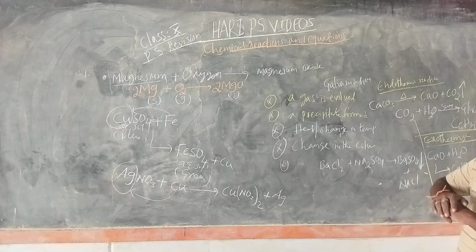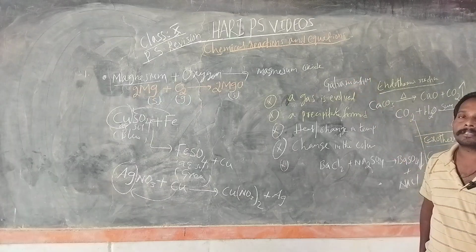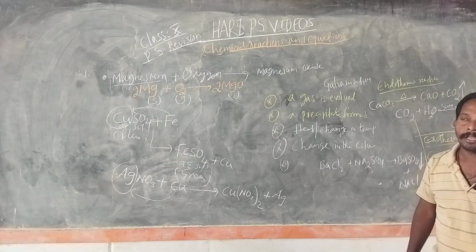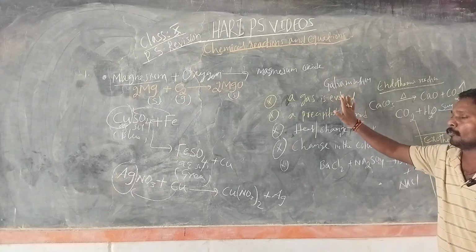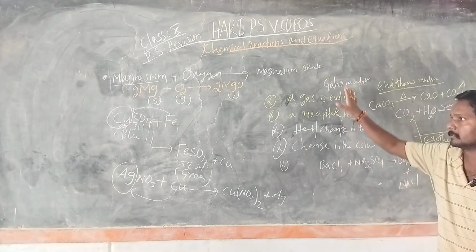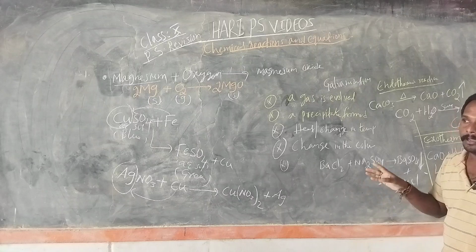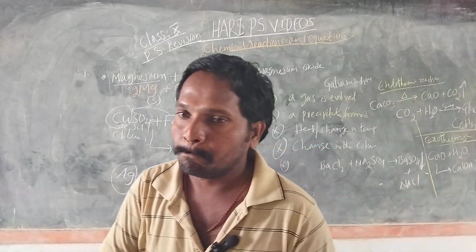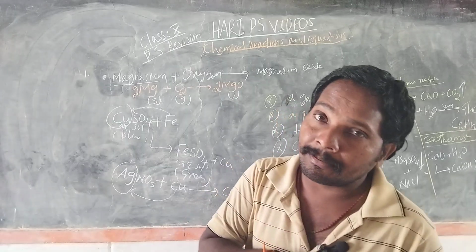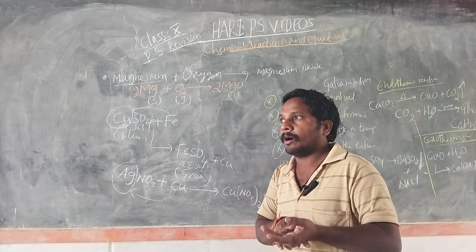So this is about revision of the chapter chemical reactions and equations. So almost all completed. How do we know a chemical reaction takes place? The changes take place. And we discussed how to balance the chemical equation. We discussed all types of chemical reactions.